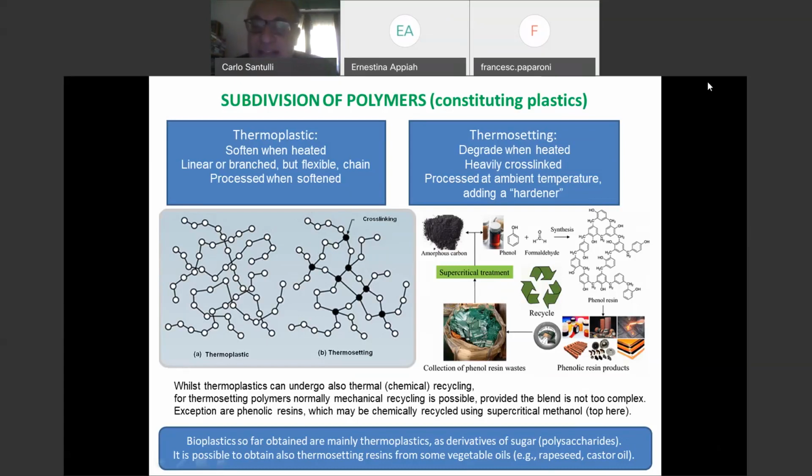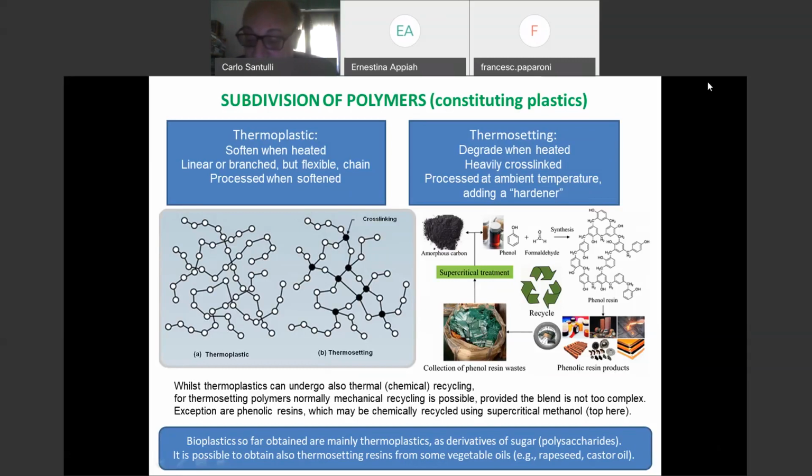Here I'm showing an example of one of the first thermosetting plastics. You know, in nature we have thermoplastic and thermosetting polymers. Wood can be considered a thermosetting structure.